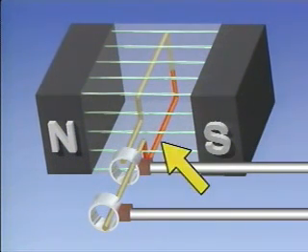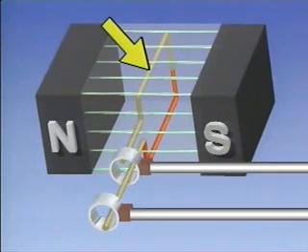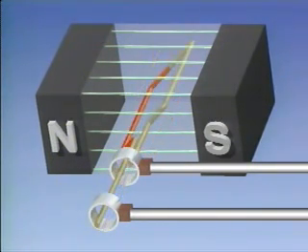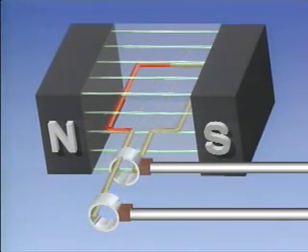The half of the conductor that was cutting downward across the lines of flux is now cutting upward, and the half that was cutting upward is now cutting downward. From 180 to 270 degrees, the angle between the conductor and the lines of flux again increases, and so does the induced voltage. At the instant that the conductor reaches 270 degrees, maximum voltage is induced.